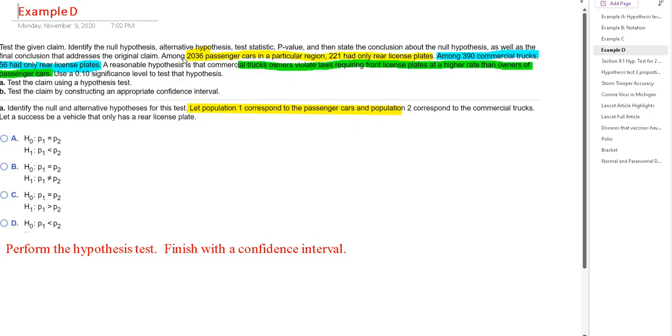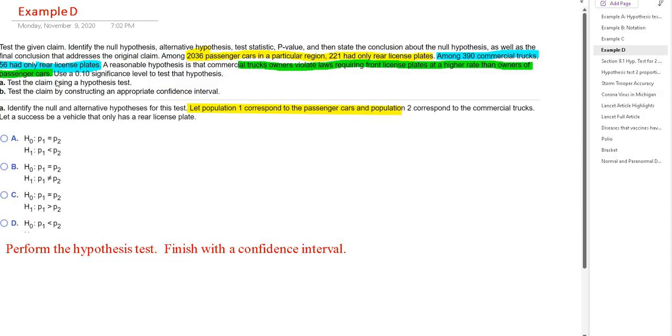Among 2,036 passenger cars in a particular region, New York, 221 had only rear license plates. Amongst 390 commercial trucks, 56 had only rear license plates. A reasonable hypothesis is that commercial truck owners violate laws requiring front license plates at a higher rate than owners of passenger cars.